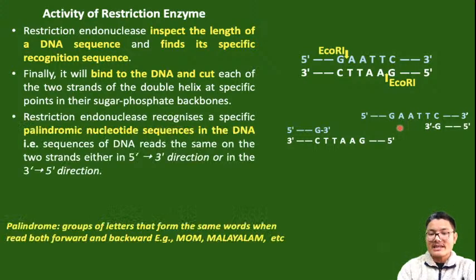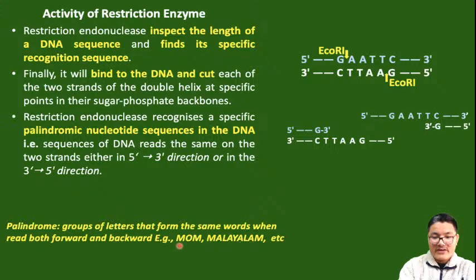Whenever we cut the DNA with a restriction enzyme, it recognizes a specific sequence of DNA, and for EcoRI it is a palindromic nucleotide sequence, as we have seen. The term palindromic is important for us to understand. In English words, like mom or Malayalam, if we read mom from the forward direction, it's mom, and if we read in the reverse direction, from the end, it's also mom.